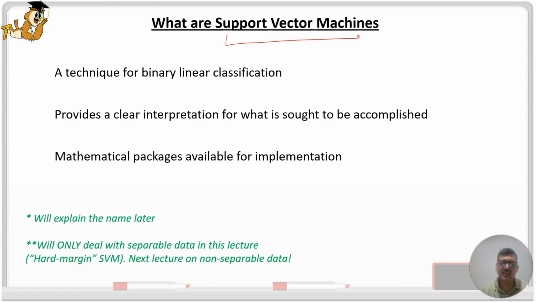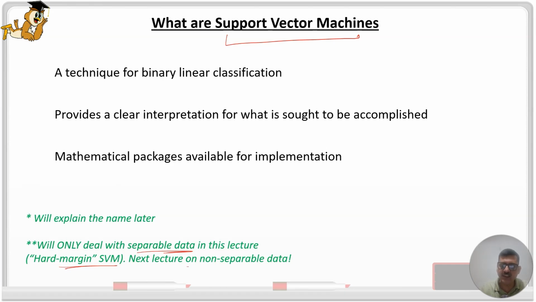And in this lecture, we will only deal with separable data. I said we are going to be doing two lectures on SVMs. In this lecture, we are going to be doing hard margin SVMs, which refers to the scenario where your training data is linearly separable. So we are dealing with only linearly separable data in this lecture.